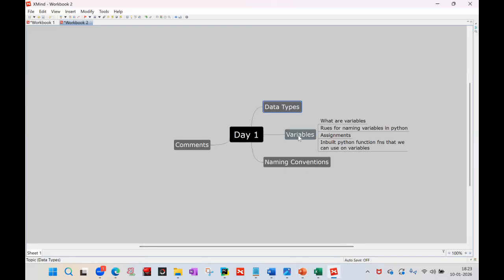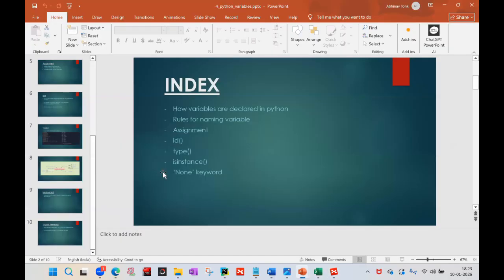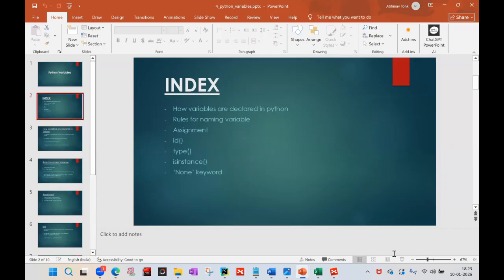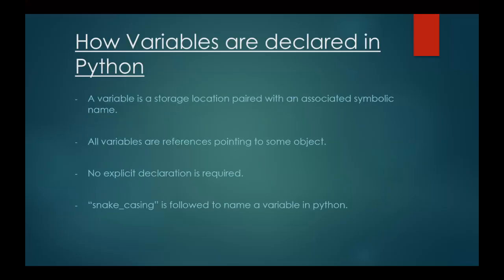Now, the next thing is variables. So what is a variable? A variable is a storage location paired with an associated symbolic name. All variables are references pointing to some object, and no explicit declaration is required.